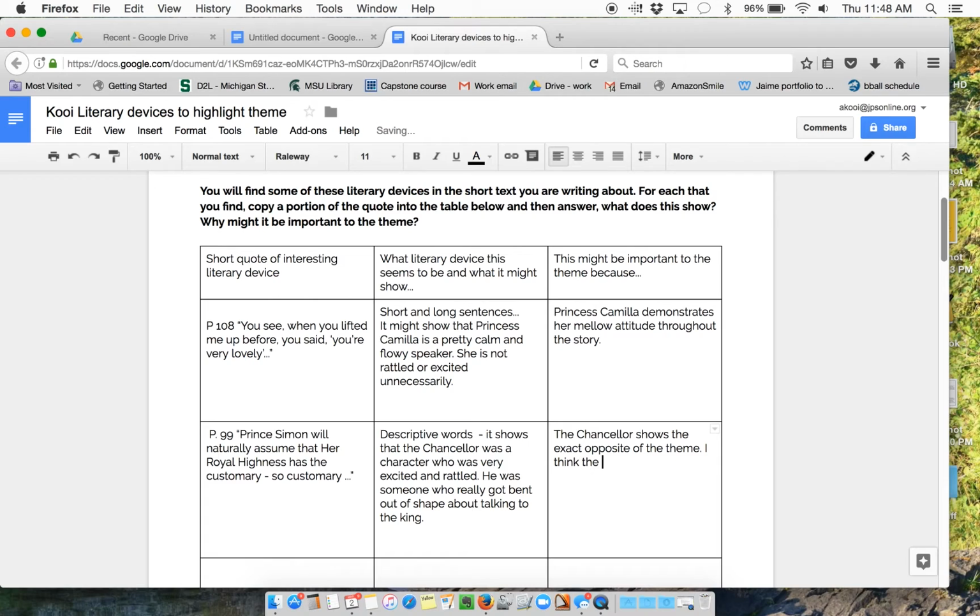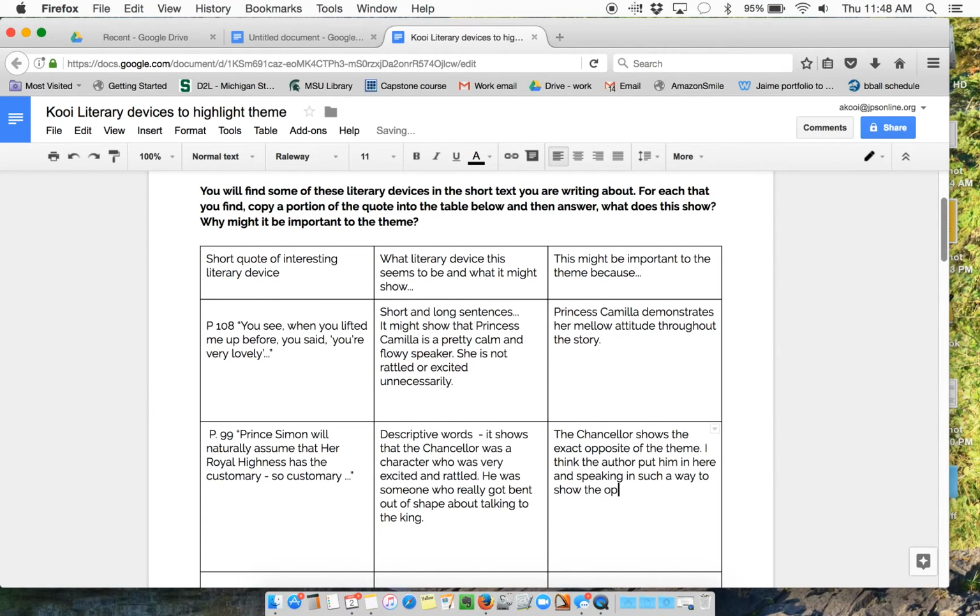I think the author put him in here and speaking in such a way to show the opposite of what a person should be.